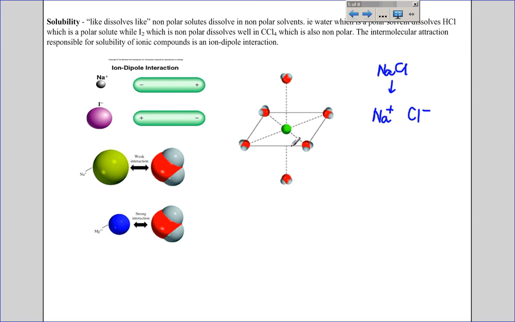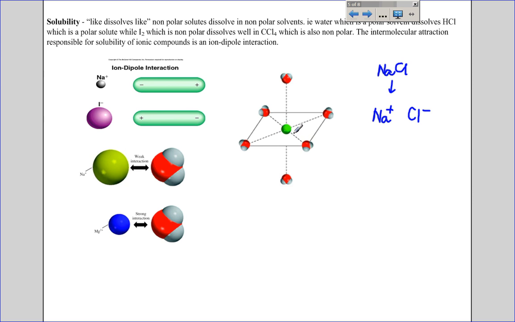The way that it surrounds it is something like this, a three-dimensional picture. So this ion in the center here has a positive charge, and that's why the water molecules are all pointing with the oxygen facing this positively charged ion, because that's the most favorable ion-dipole interaction.